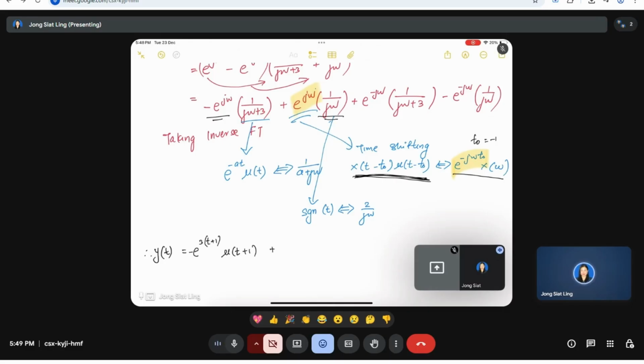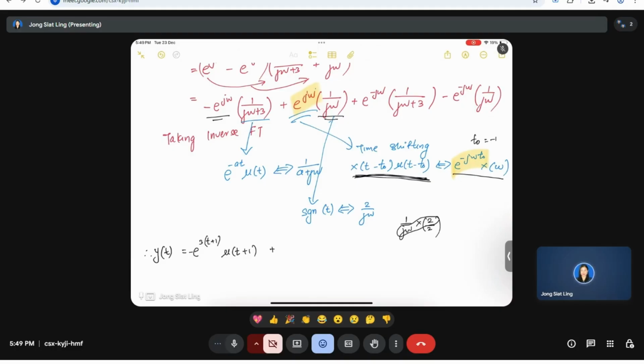So now is 1 over j omega, how to fulfill? So this means that you need to times 2 over 2. So if times 2 over 2, this part will fulfill the sgn(t).